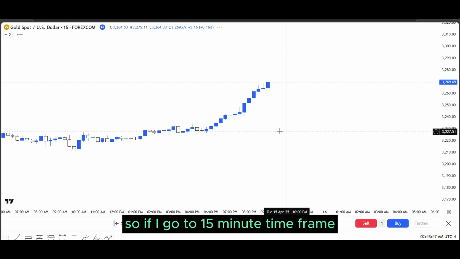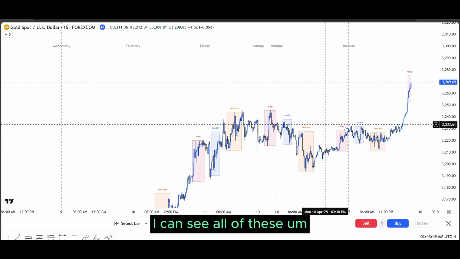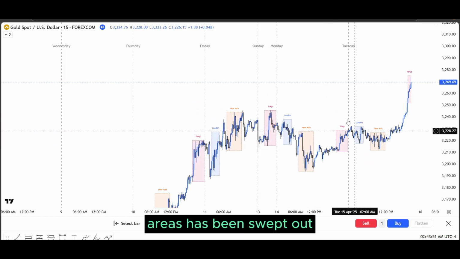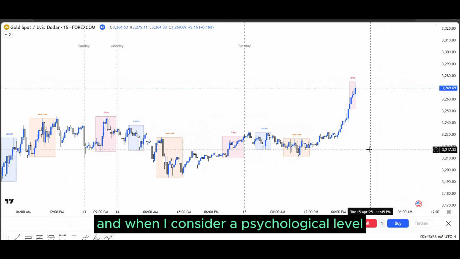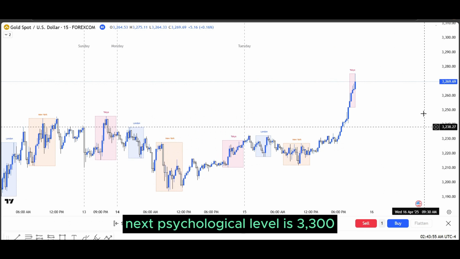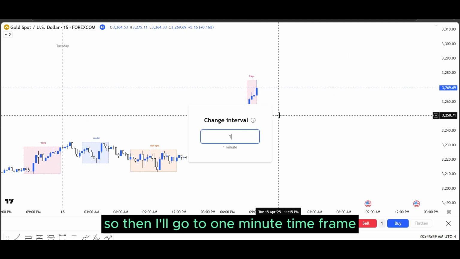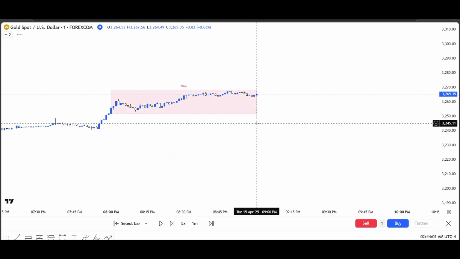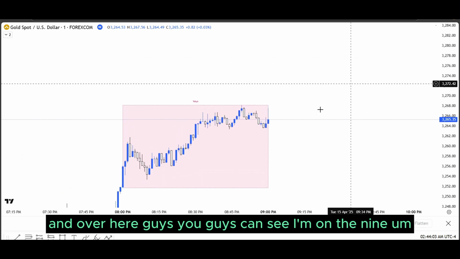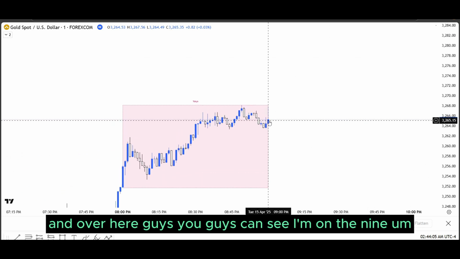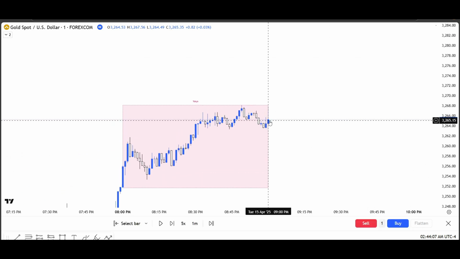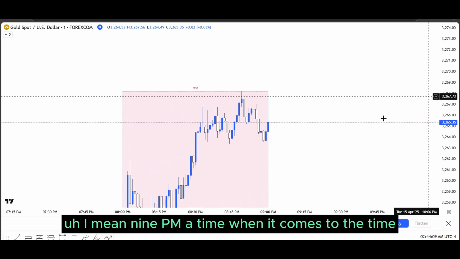If I go to the 50-minute time frame, I can see all of these areas have been swept out. And when I consider a psychological level, the next psychological level is 3,300 when it comes to gold. Then I'll go to the 1 minute time frame, and over here you can see I'm on the 9 p.m. time.